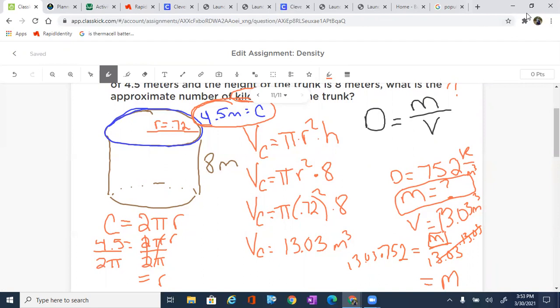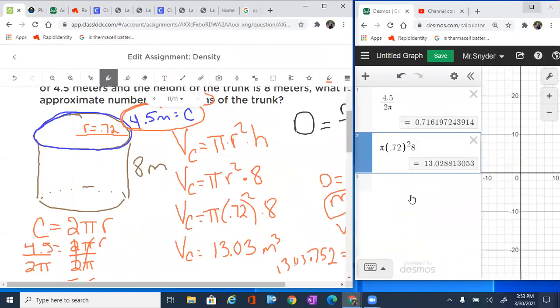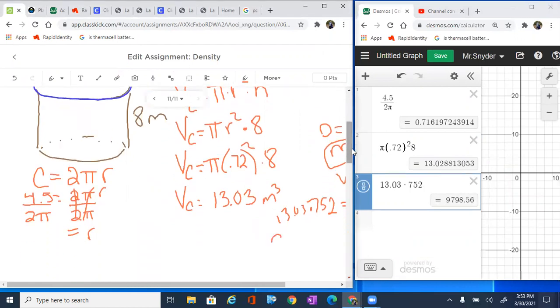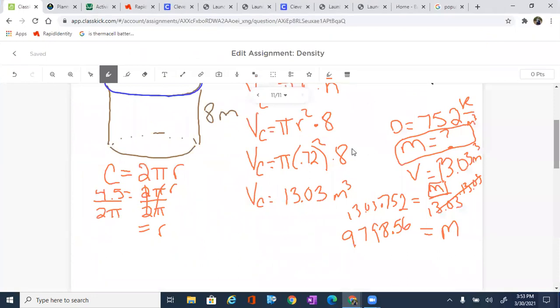Let's go ahead and type that into the calculator. 13.03 times our density of 752 is going to give us 9,798. Okay, so let's write that down: 9,798.56, and that is going to be our mass in kilograms.